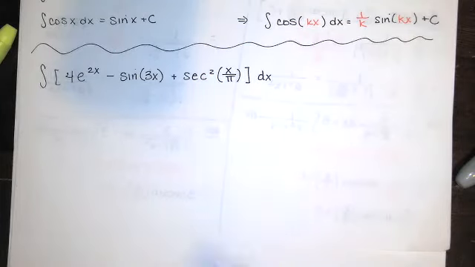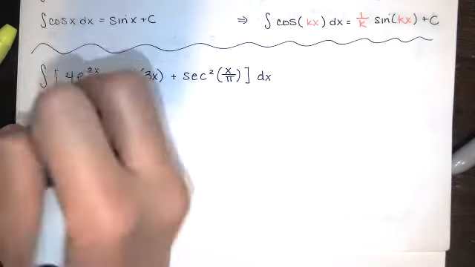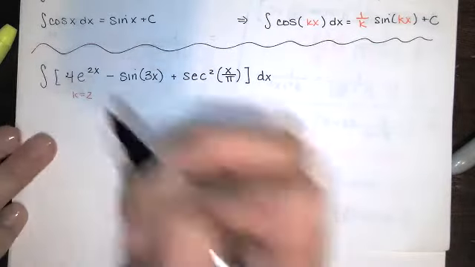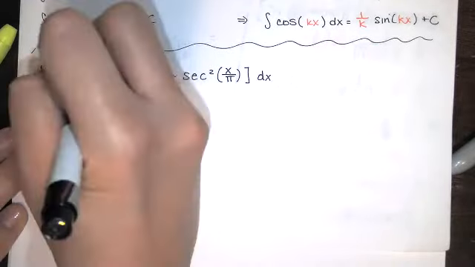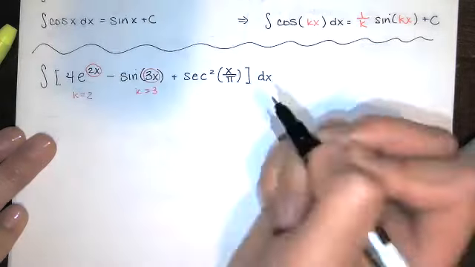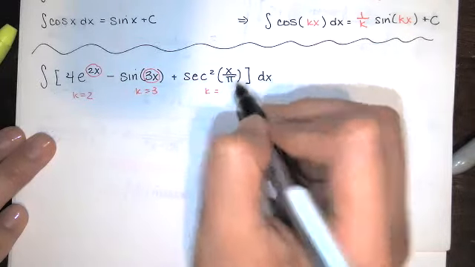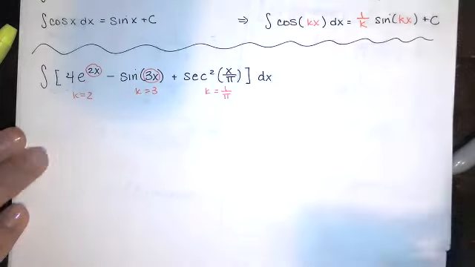Well, each of those is a kx modification. Here, k is 2, because I'm multiplying the x by a 2. Here, k is 3, because I'm multiplying the x by a 3. And here, it's not pi. The factor multiplying x is 1 over pi.